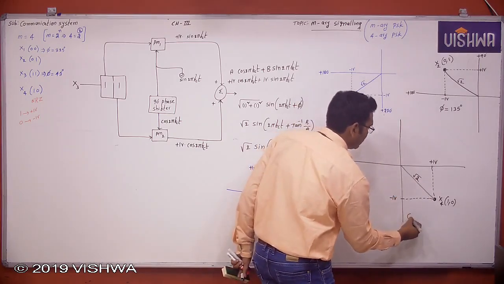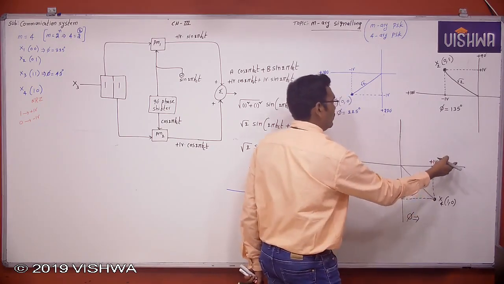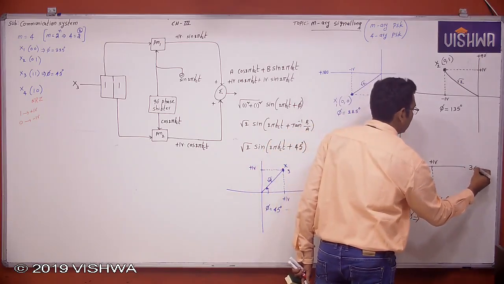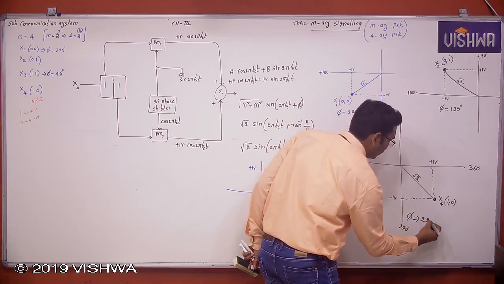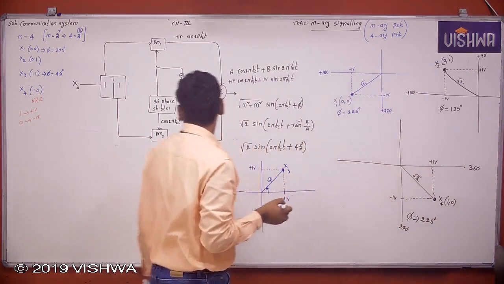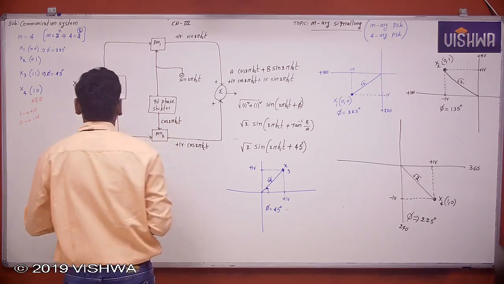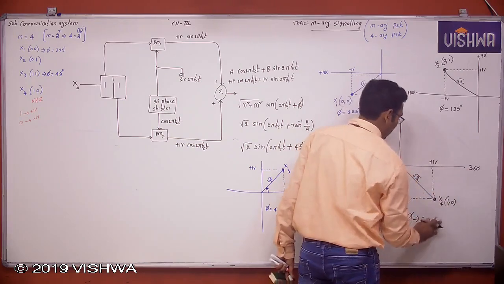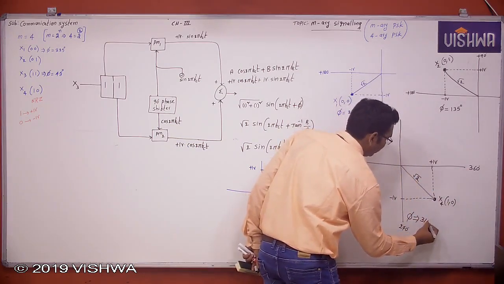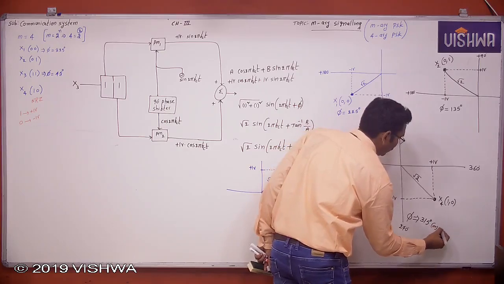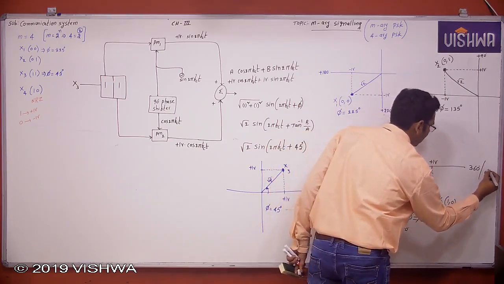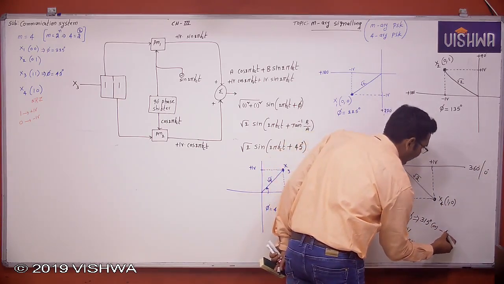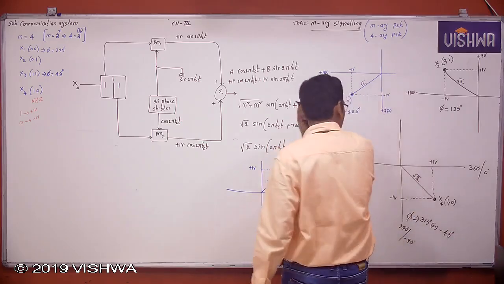And the phase produced by this symbol: this is 270 degrees, this is 360 degrees. Therefore exactly the middle, which is 315 degrees, or you may say this is 0 degrees and this is minus 90 degrees, so exactly the middle is minus 45 degrees. Whatever you want you can use.